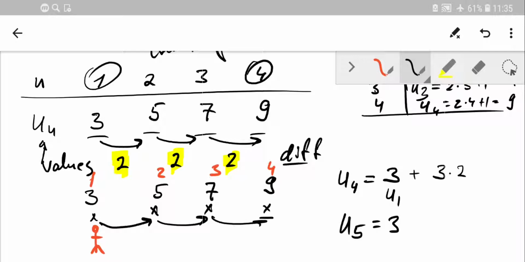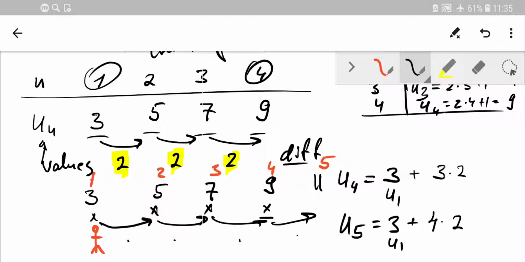Again, you need to start from the very first value, and in this case, you need to do 1 more jump. The value that you will have here is going to be 11. This is the 5th stone, so you need to do 4 consecutive steps with each value of 2.